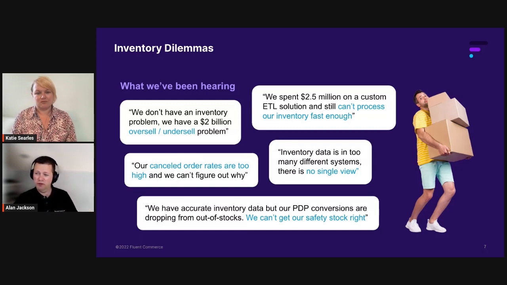Then being able to dynamically set safety stock and protect stock to make sure that we're not overselling. But then there is also an undersell problem if you're not tapping into the range and availability as much as you could. And that starts to impact downstream cancellation rates and customer satisfaction, return rates, etc.